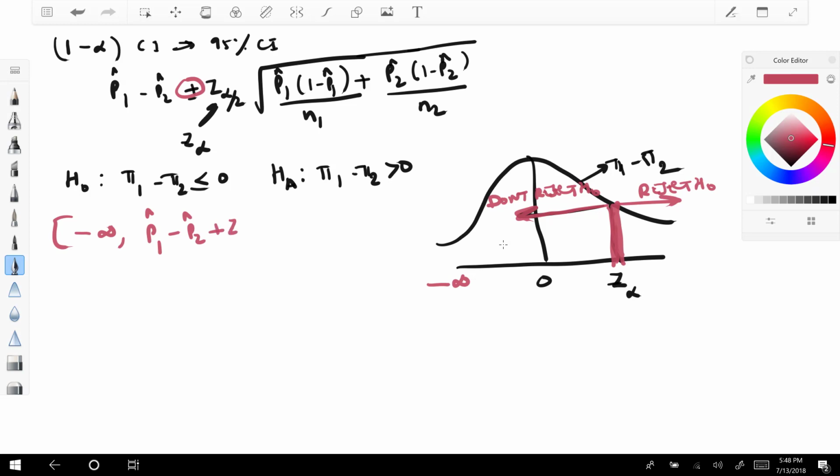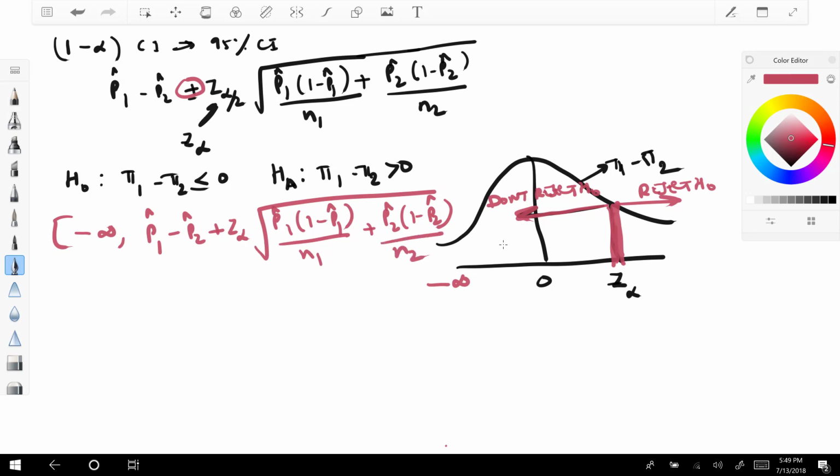So we take plus Z alpha, because it's a one-tail test, times the square root of P1 hat times 1 minus P1 hat divided by N1 plus P2 hat times 1 minus P2 hat divided by N2. Now we can put in our values from before.